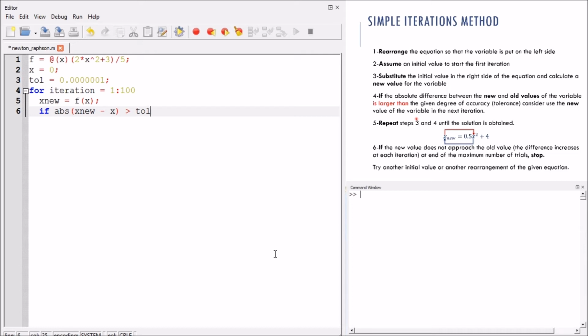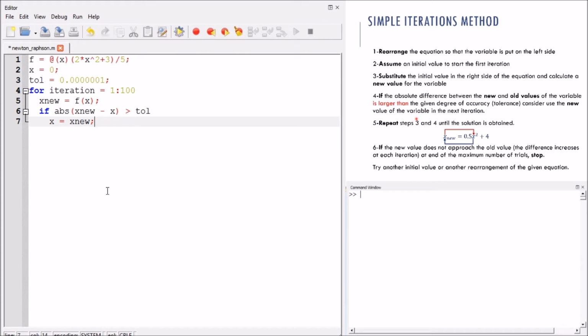This is the translation of the algorithm. So if the absolute difference between x nu and x is larger than the tolerance, then let x equal x nu.